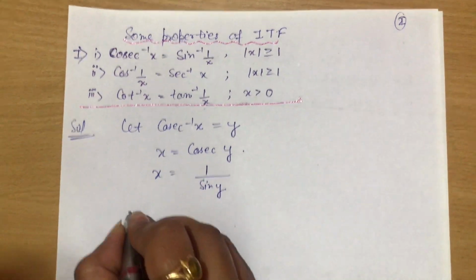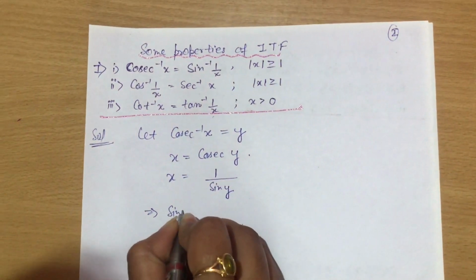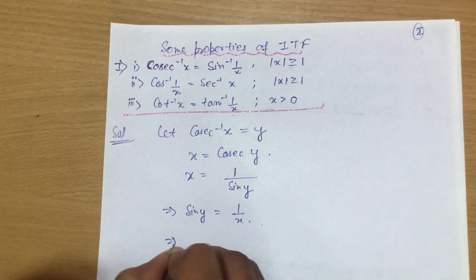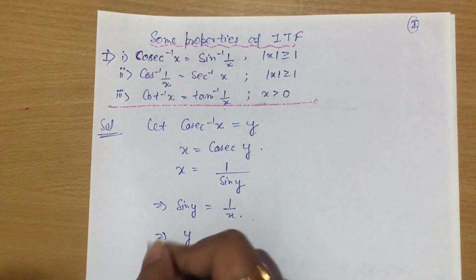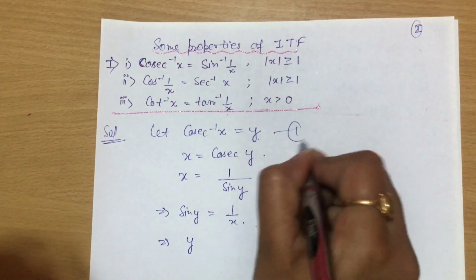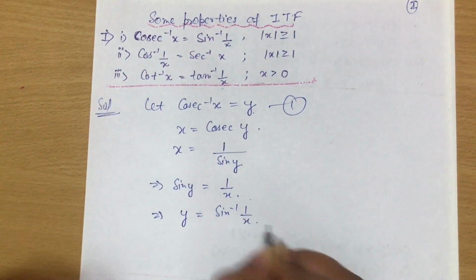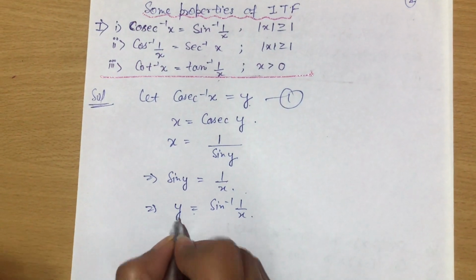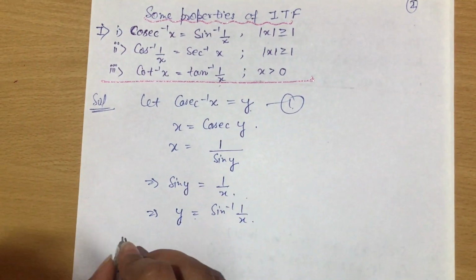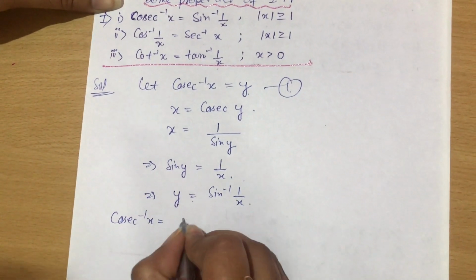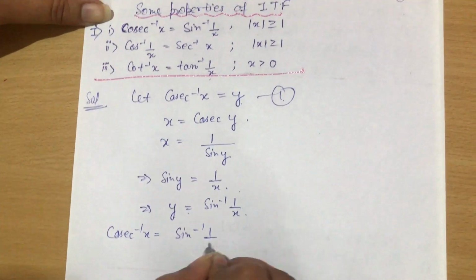You can also write sine y is equal to 1 upon x. So you have to find the value of y so that you can substitute it in equation number 1. So y is sine inverse of 1 upon x. By substituting the value of y in equation number 1, you will get cosec inverse of x is equal to sine inverse of 1 upon x.